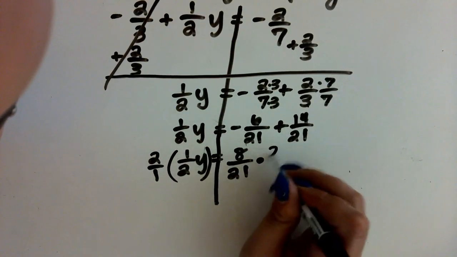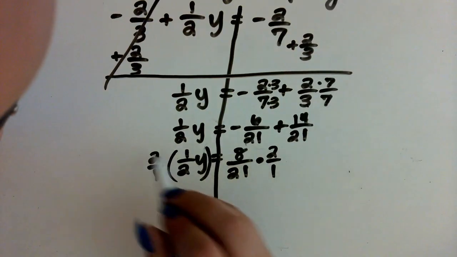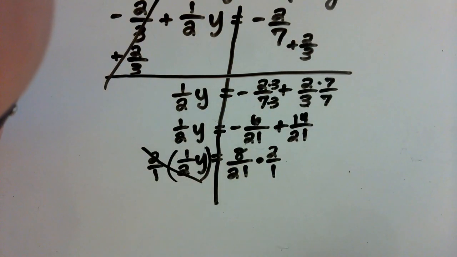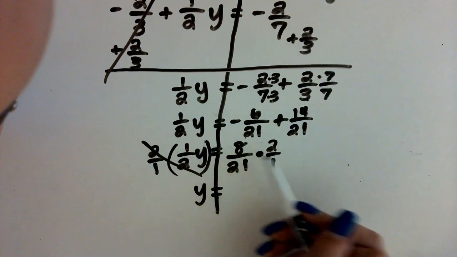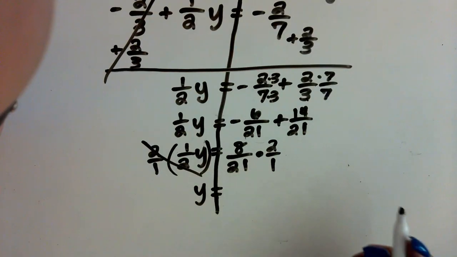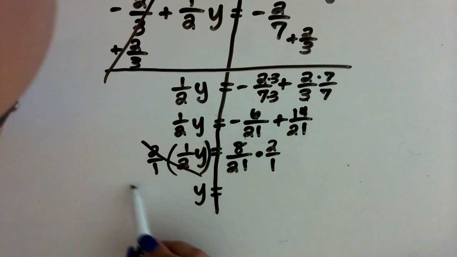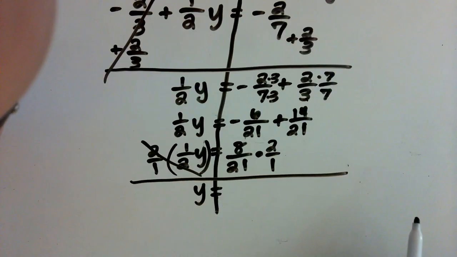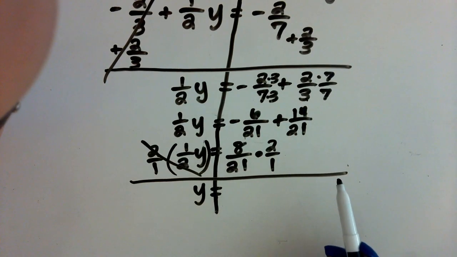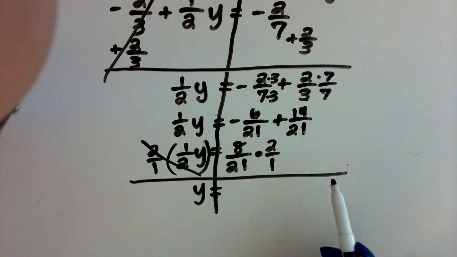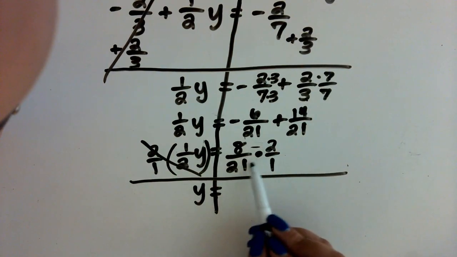Anything I do to one side, I'm going to do to the opposite side. And I'm going to cancel those 2/1 and 1/2 out, and I am left with just y is equal to 8/21 times 2/1. Now, I am forgetting to draw my lines there, and let's go ahead and just multiply this right now. Remember, whenever we are multiplying fractions, we just go straight across.